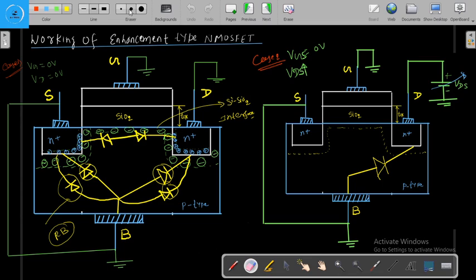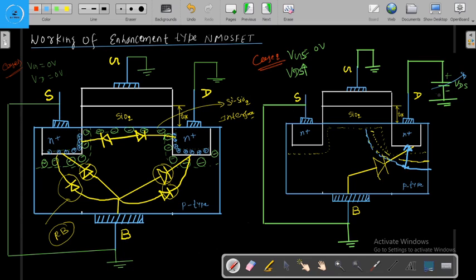The depletion region width will increase here at the drain end. It does not change at the source end because we are not providing any voltage at the source end.